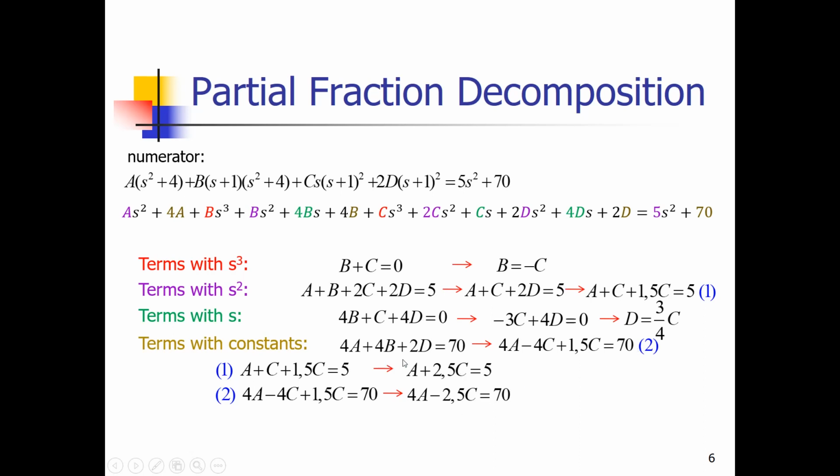Well, the easy one is to solve a from these two expressions by adding these up. Then we get a plus 4 times a is 5 times a. We have 2.5 times c minus 2.5 times c, so that is ruled out. So then we have to add up the right parts of the equation, which is 5 plus 70.